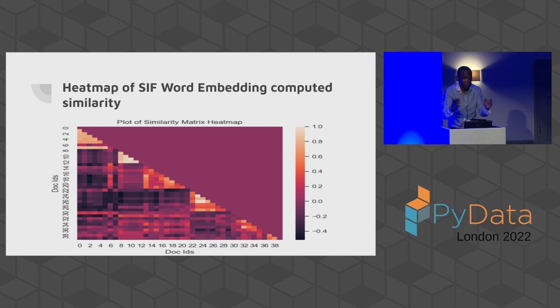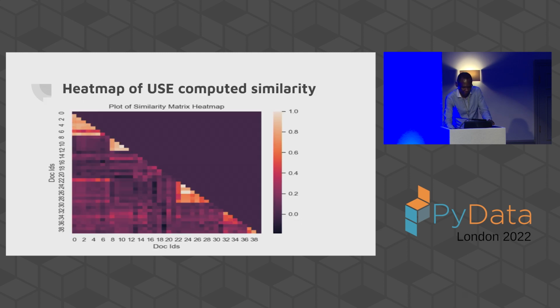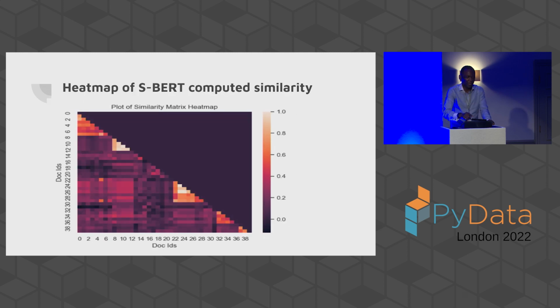I haven't measured anything here, but visually, there are some similarities between the two profiles. And then finally, this is where we're using S-BERT on the same data, plotting the heat map. Any questions on this one?